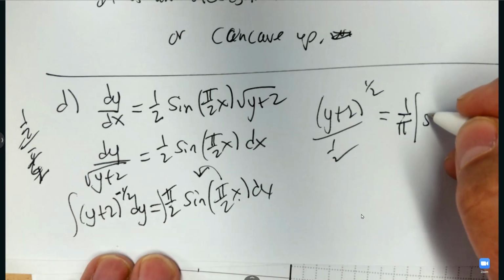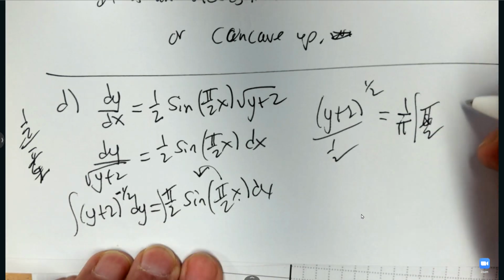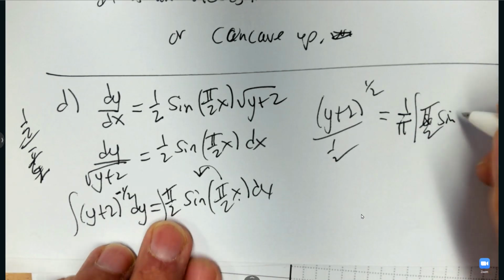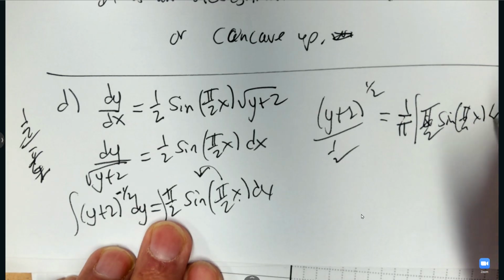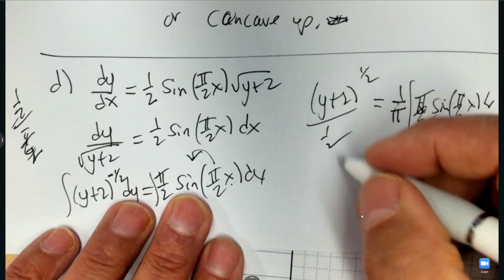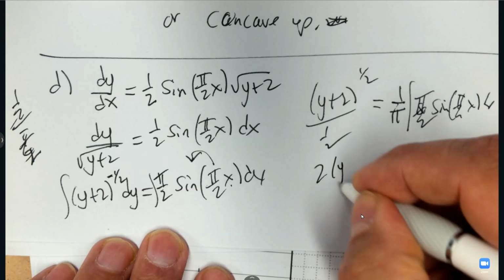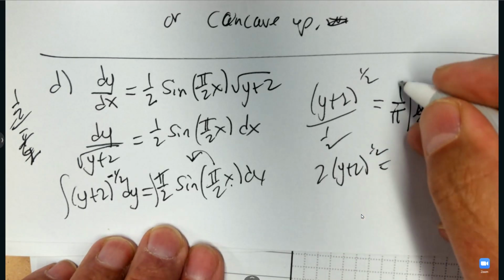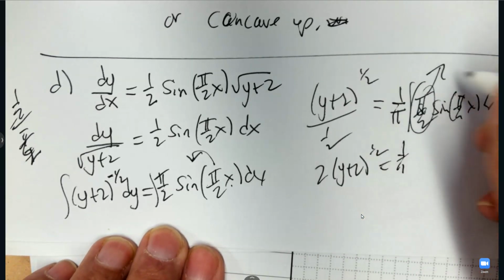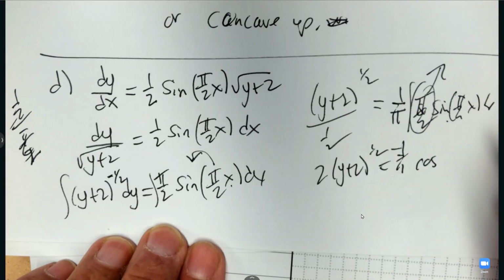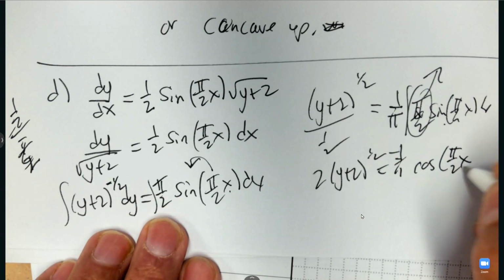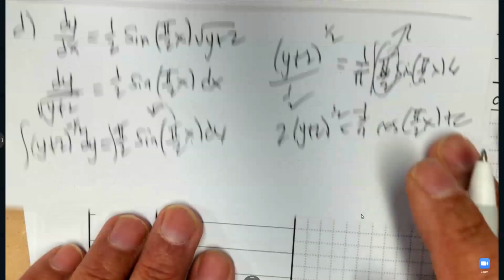And then we can integrate this. So this is just going to be 2. This we're going to have 1 over pi. This goes away. Sine is negative cosine. Plus c.